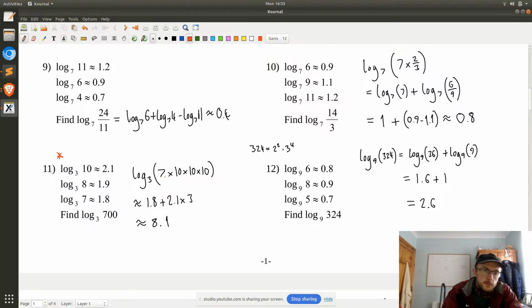Okay. Log base 3 is 700. Okay, I don't get how that's not. I'm sorry, but I think that has to be mistaken.